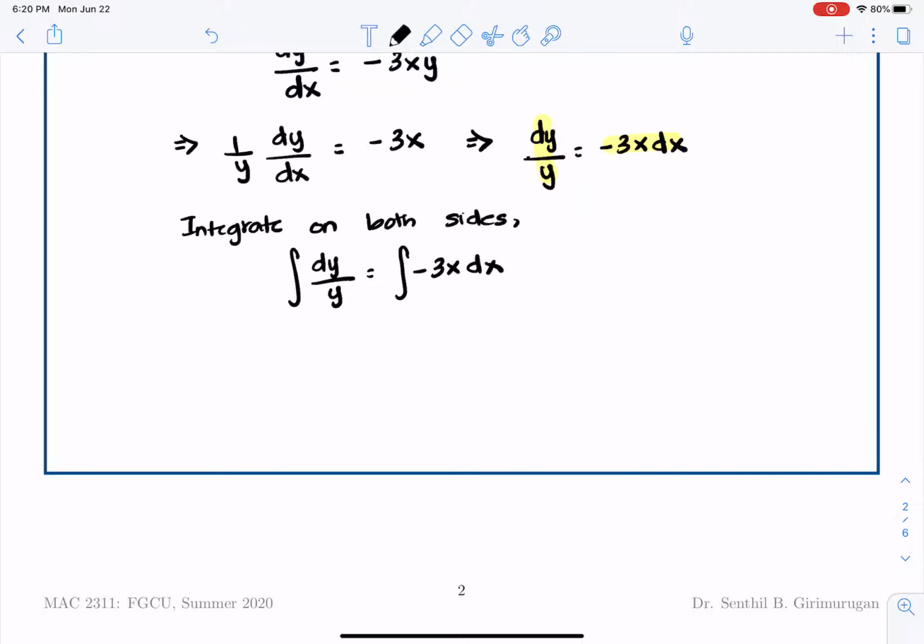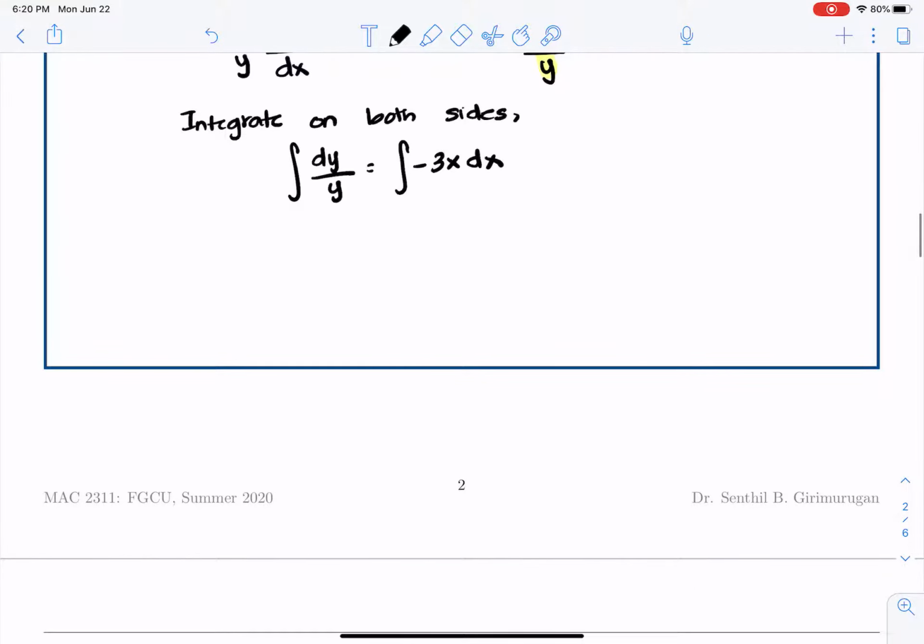The integral of dy divided by y is ln of y, and the integral of x dx is x squared over 2.